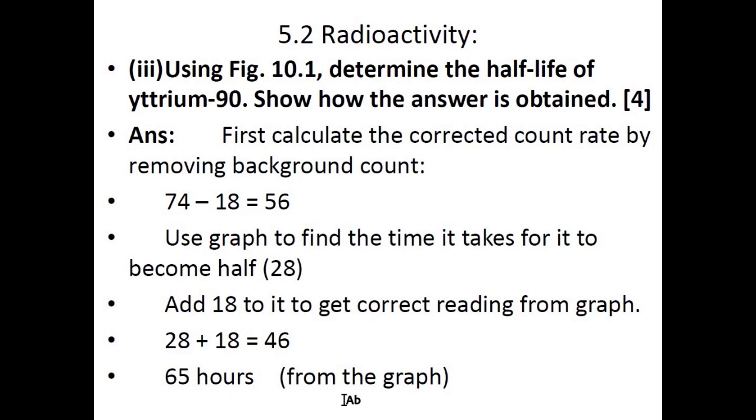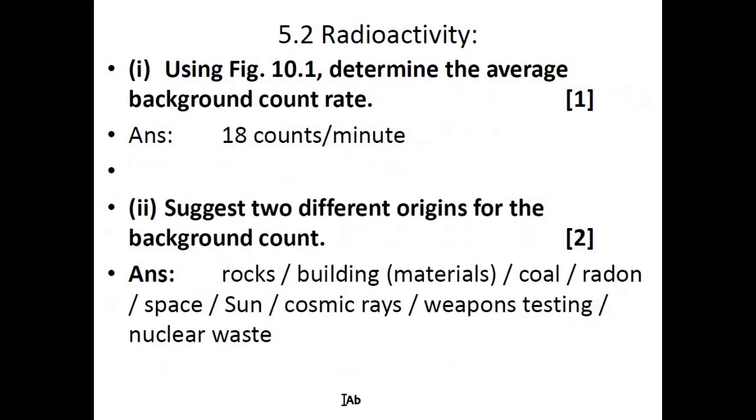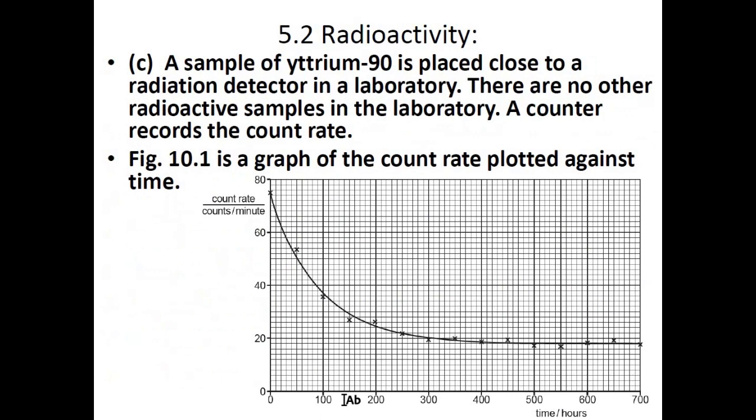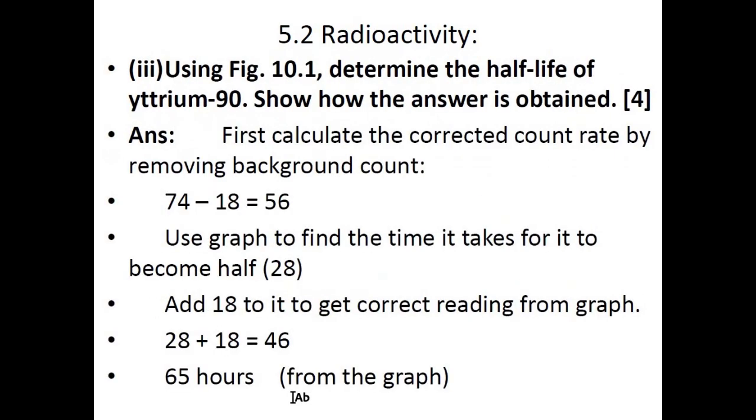28 was the supposed half-life. As our graph is not corrected, it has background radiation, so we'll add 18 to it. It would become 46. So 46 is somewhere over here. We'll draw a line over here and then go down and we'll see that it is around 65 hours, which would be the time taken for the first half-life of yttrium-90 from the graph.